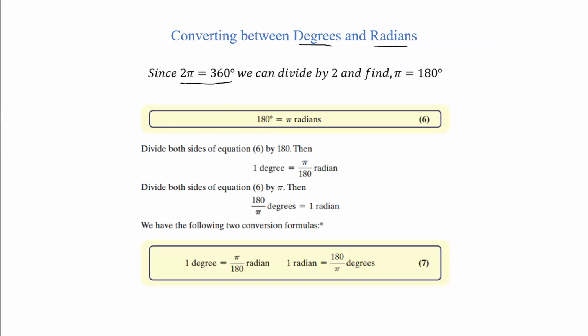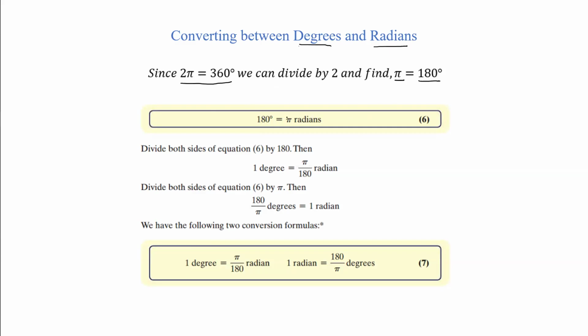So if we divide both sides by 2, we know that an angle whose radian measure is exactly pi corresponds to an angle whose degree measure is 180. So essentially we've whittled that down to 180 degrees is equal to pi radians.